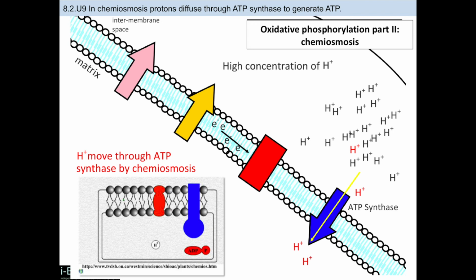Where did the electrons come from? NADH plus H plus and FADH2. Where did NADH and FADH2 come from? The Krebs cycle. How is it generated in the Krebs cycle? Because there was acetyl coenzyme A. Where did that come from? The link reaction. Where did that come from? Pyruvate. Where did that come from? Glycolysis.